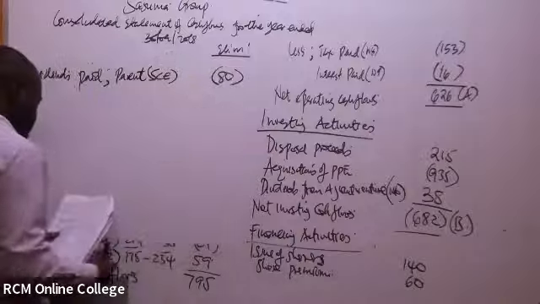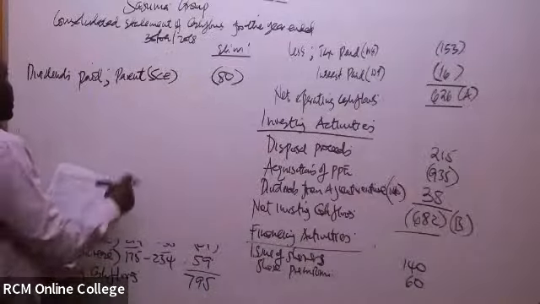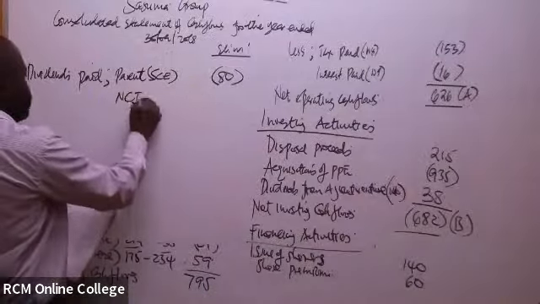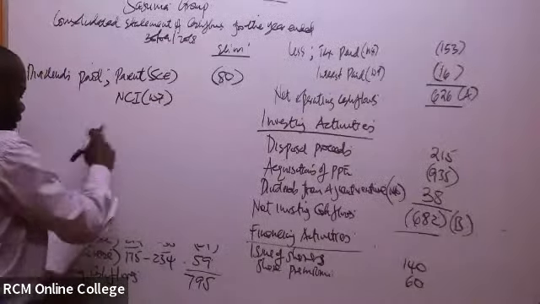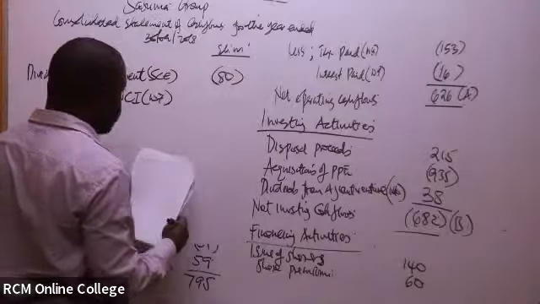So they were paying. Then in this case, you have dividends paid by the non-controlling interest. This one you've been able to do under working 7, under the NCI account. So we got in this case a figure of 49.